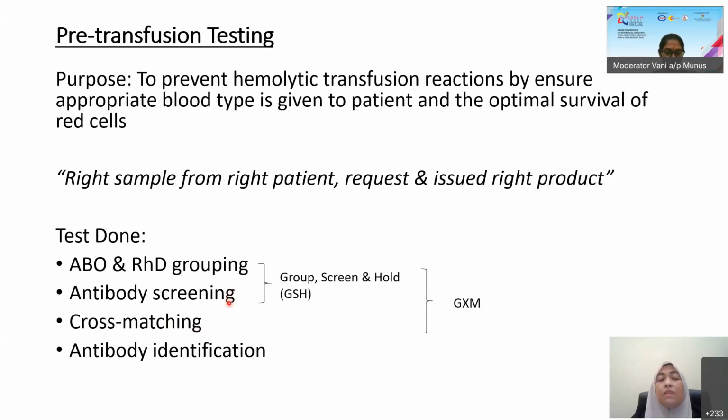If the antibody screening is positive and we get an incompatible cross-match, we must investigate further by performing antibody identification. For today, I will focus more on antibody identification.